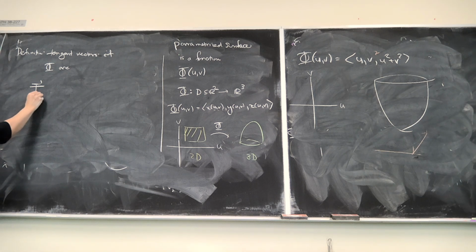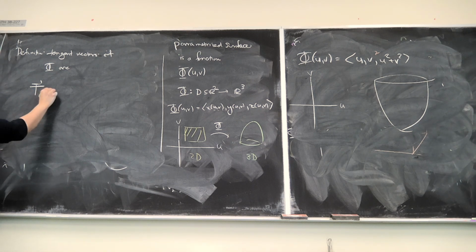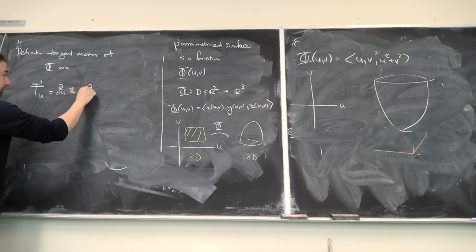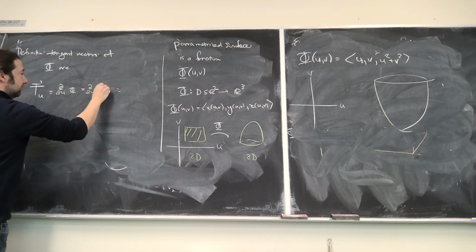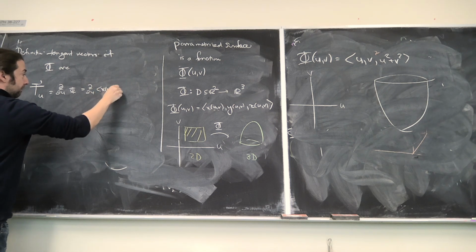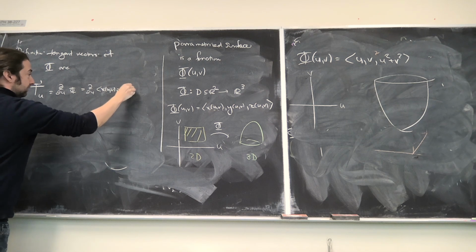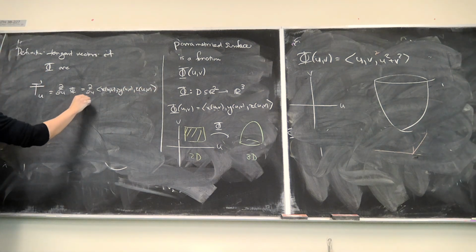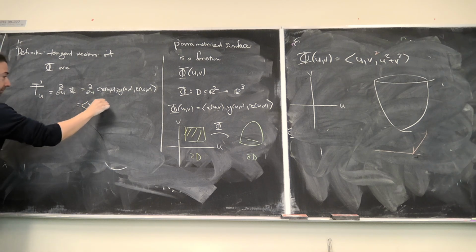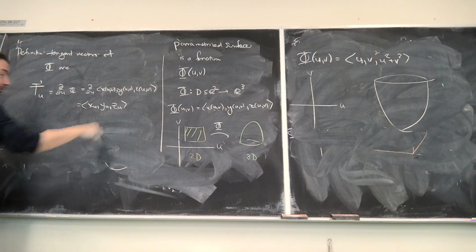The tangent vector in the u direction is the u derivative of the map phi, which is the u derivative of x of u and v, y of u and v, z of u and v, which is x_u, y_u, z_u.